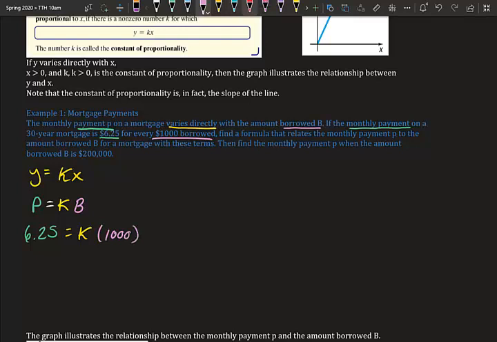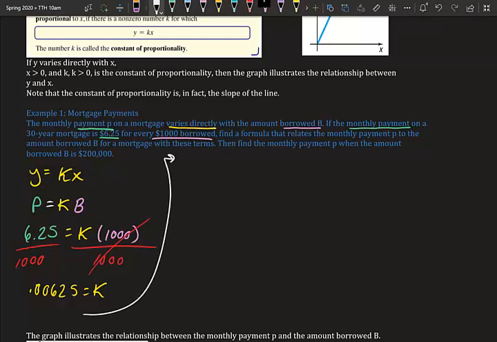We're going to solve for k by dividing by 1,000. So 6.25 divided by 1,000 equals k, which is 0.00625. You move the decimal places 3 times. And that's what our constant is. So the model, that's actually what we just found. Once you find the constant, you find something called the model.